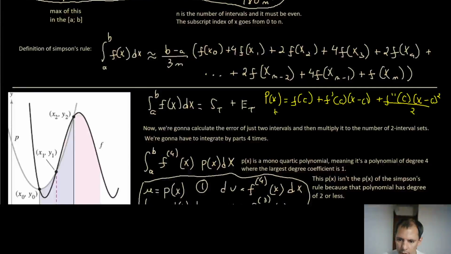Okay, and plus the third derivative, I'm going to put 3 here, f of c times x minus c cubed divided by 6, because you keep doing the factorial in the denominator.